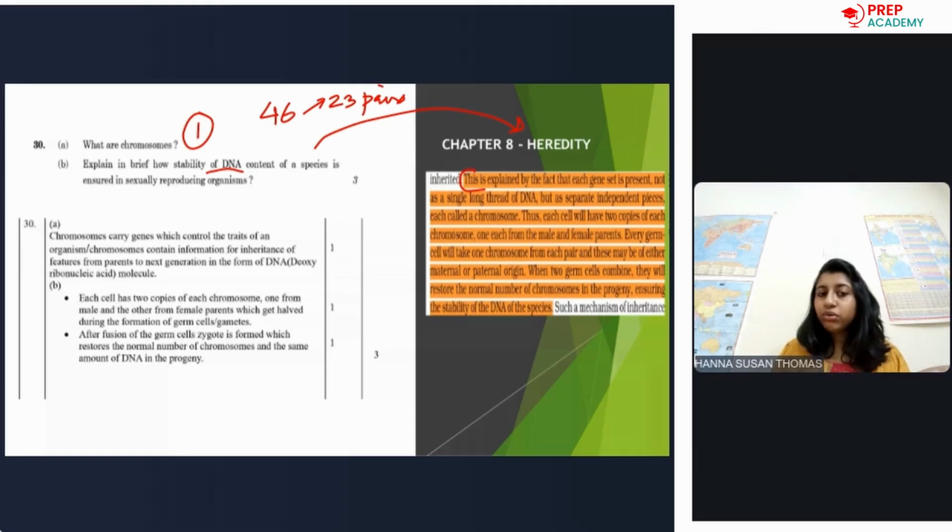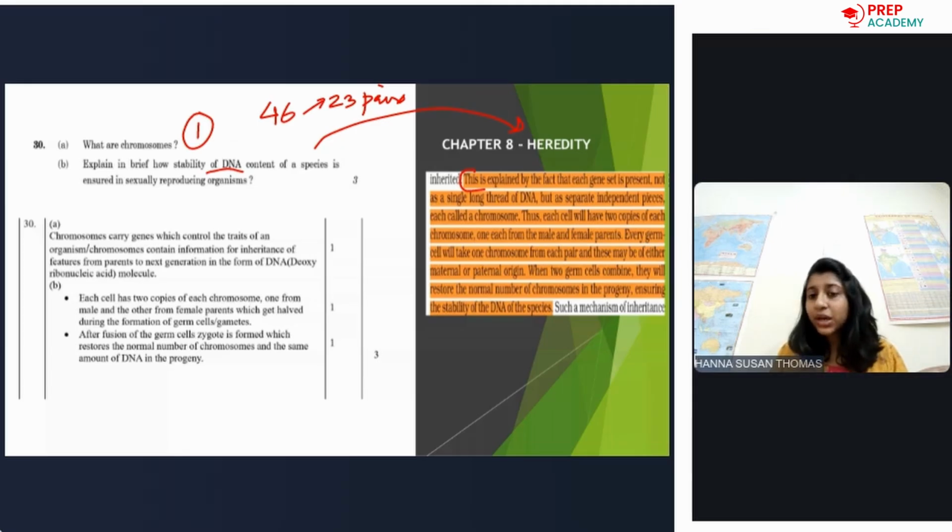And we know that during sexual reproduction, both male and female gametes are fused, right? But in the normal case, what will happen? We will be thinking, okay, one cell has 23 pairs of chromosomes, another cell has 23 pairs of chromosomes. If they fuse together, it will have 46 pairs, listen carefully, 46 pairs of chromosomes.